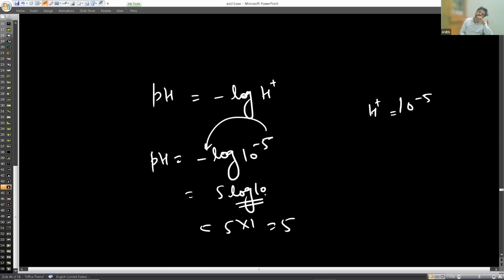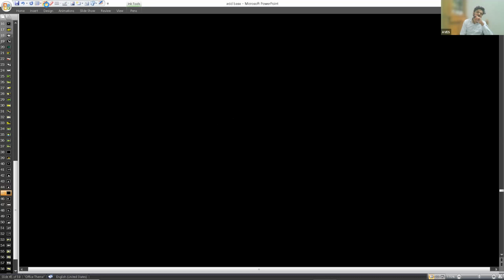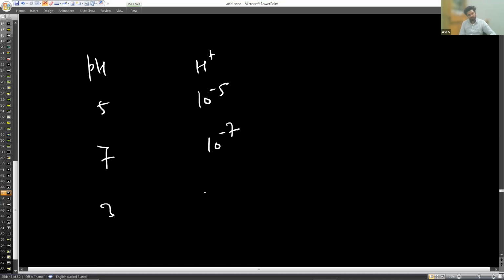So log 10 has a value of 1, 5 into 1, you will get 5. If the pH of a solution is 5, then its H plus ion concentration is 10 to the power minus 5. If the pH of a solution is 7, then its H plus ion concentration will be 10 to the power minus 7. If the pH of a solution is 3, then its H plus ion concentration will be 10 to the power minus 3.